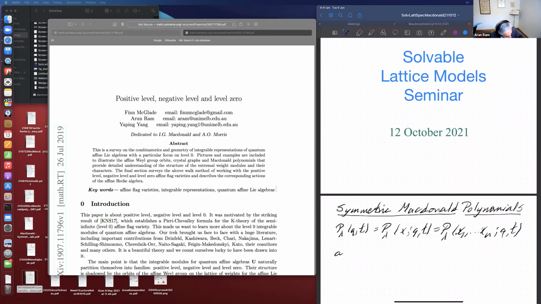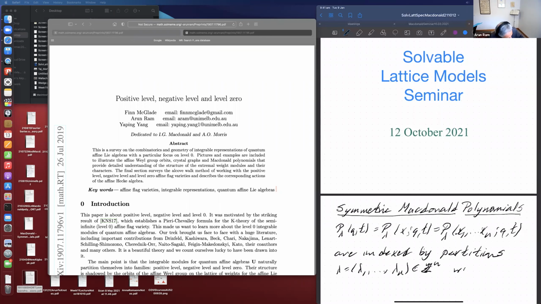So these are indexed by partitions, where I will use a slightly more general version of partitions to be any weakly decreasing sequence of integers.